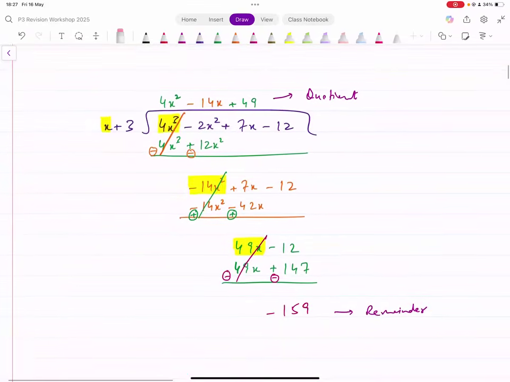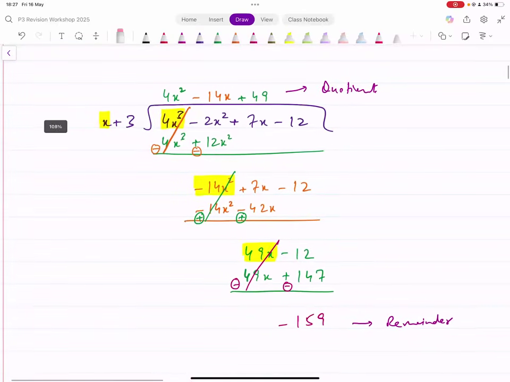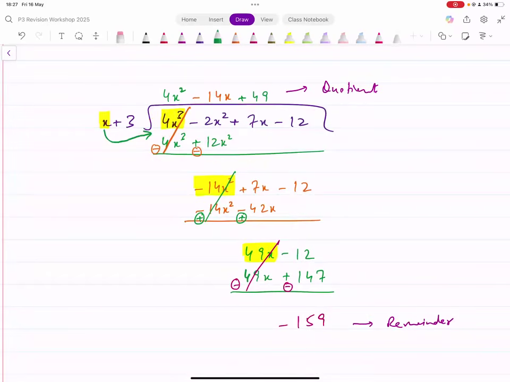This is another example in which the polynomial is cubic. You do it the same way. You think of, what do you multiply x by to get 4x cubed? You multiply it by 4x squared. That's the first term that you get. Then you multiply 4x squared with this whole thing. That gives you this. Then you change the signs. In the next step, again, you do the same thing. You think of, what do you multiply x by to get minus 14x squared? You get minus 14x.